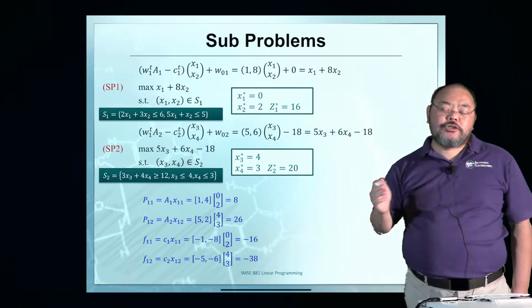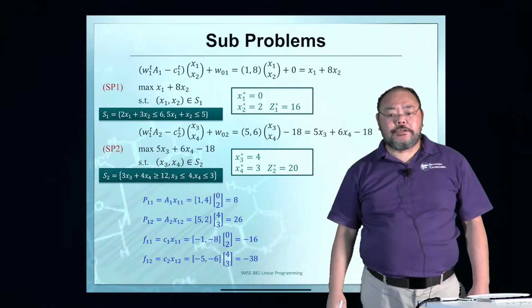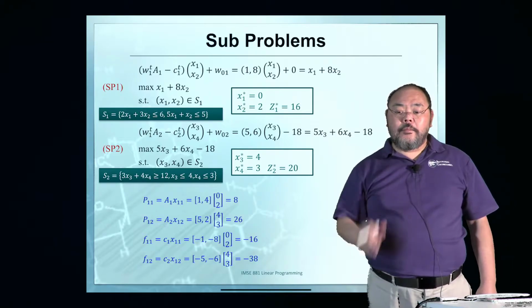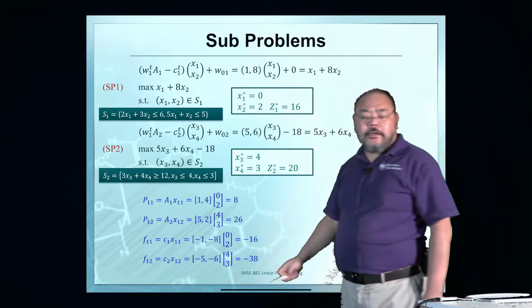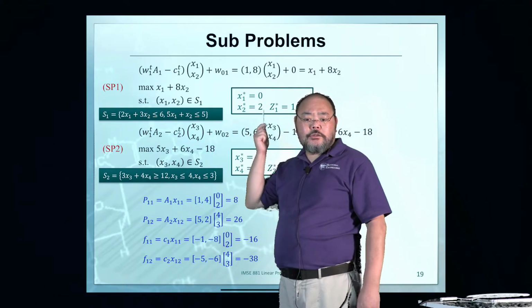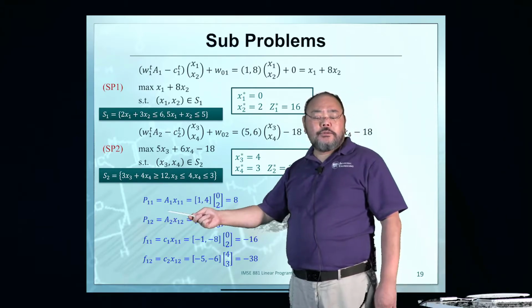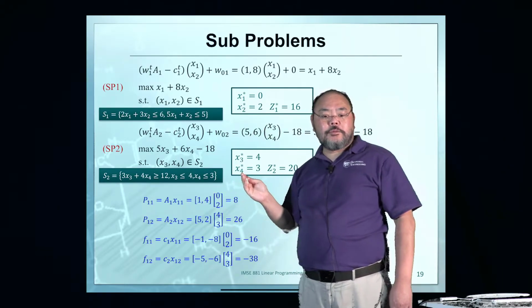Since our objective is Zj minus Cj, both of them can improve my objective function. I recalculate the current solution, 0, 2, 4, 3, as those are extreme points in my feasible region.